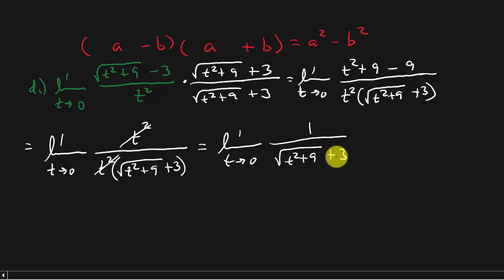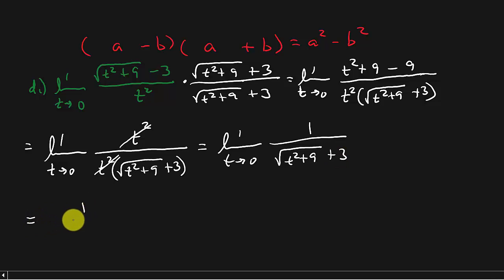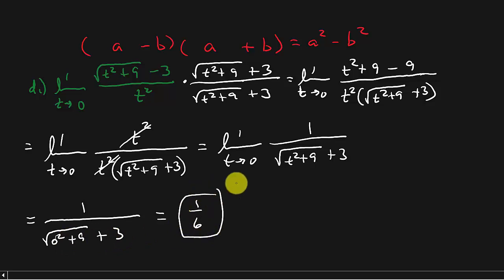All right. So now let's plug the 0 in for t. And so that's going to be 1 over the square root of 0 squared plus 9 plus 3. And so this is 3 plus 3. So that's going to give us 1/6. That's your answer there. All right.